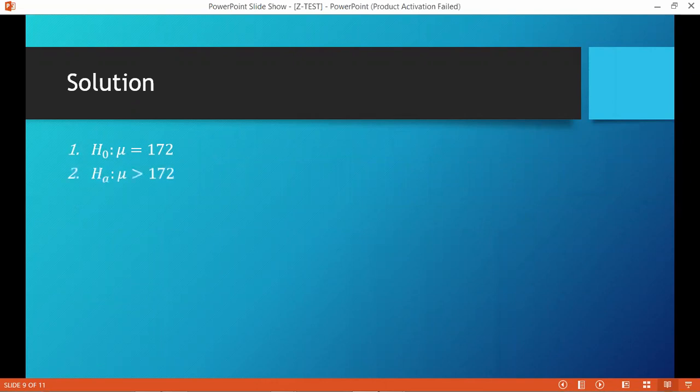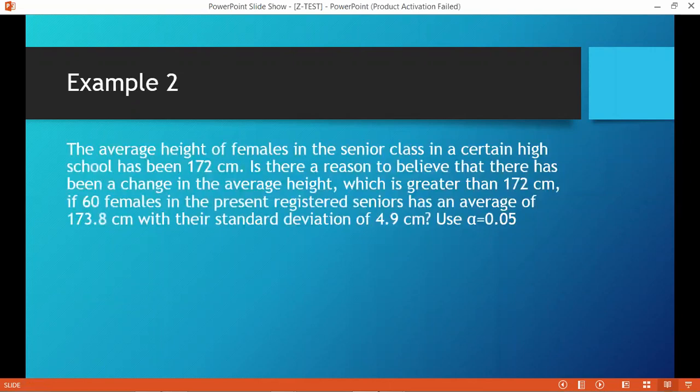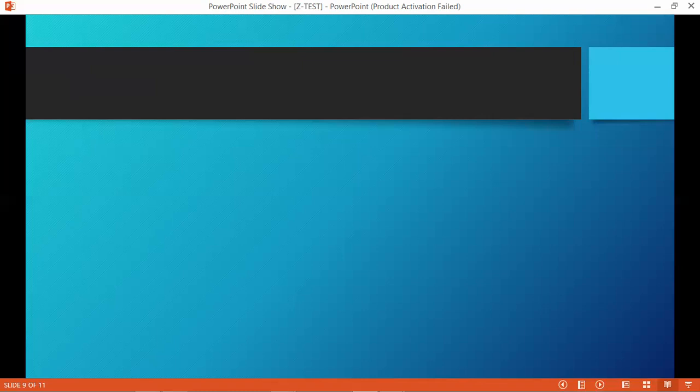Then for our alternative one is greater than 172. Refer to the given problem, which is greater than 172 centimeters. So, given na siya sa problem. Next, the alpha is already given. Alpha is equal to 0.05.